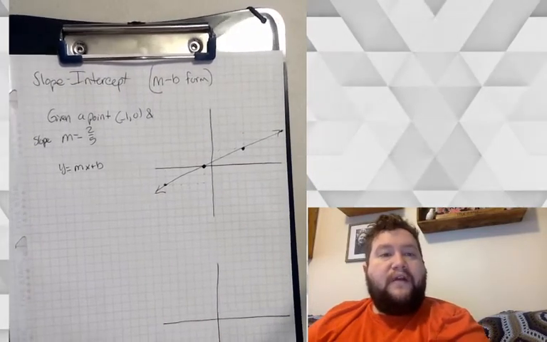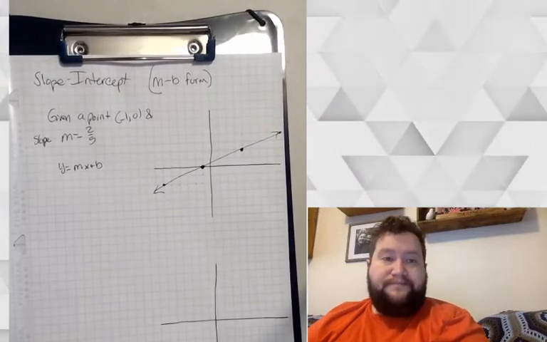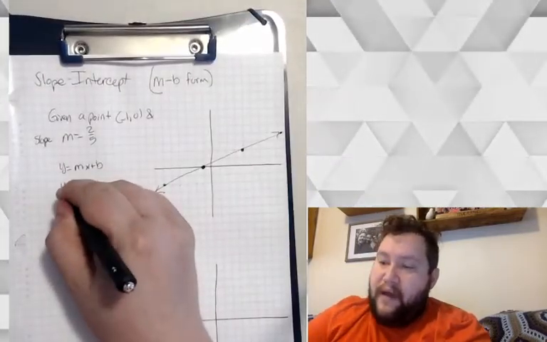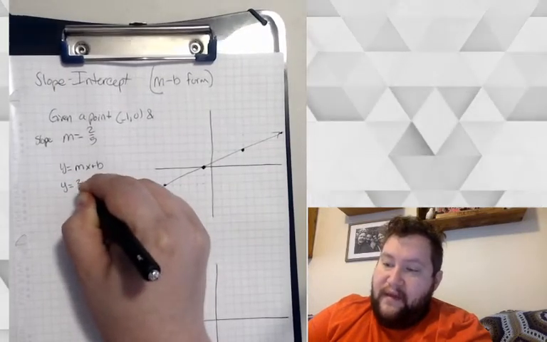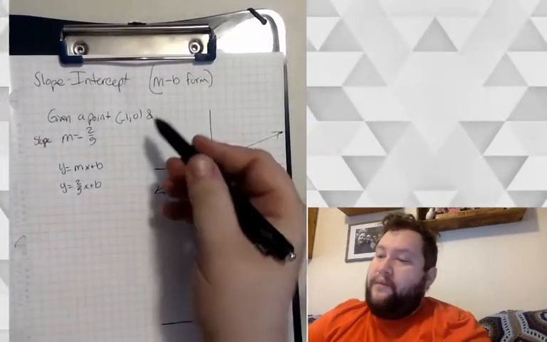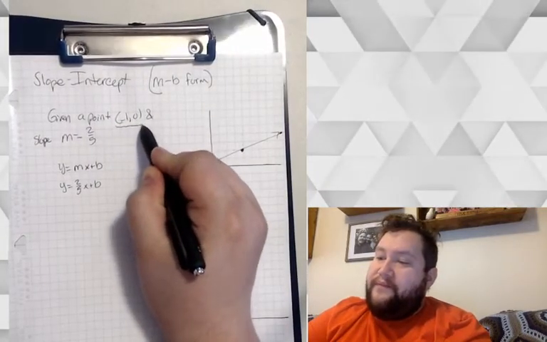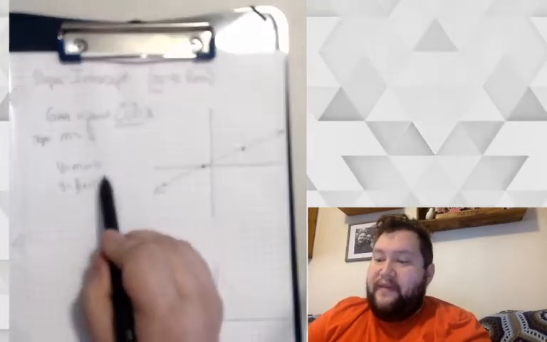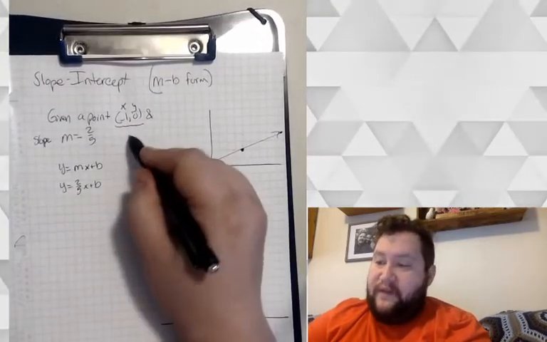So to find our slope-intercept form, we have to substitute our slope. So we have y equals 2/5 x plus b. But we know that this point, -1, 0, our x and y values, make this equation true because this is a solution.